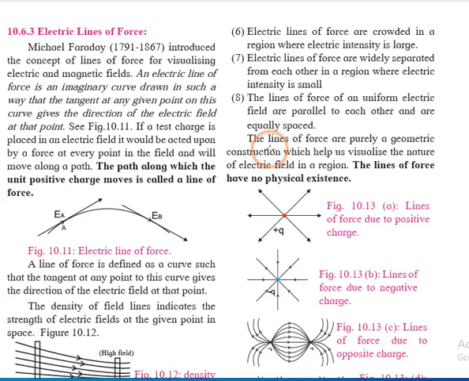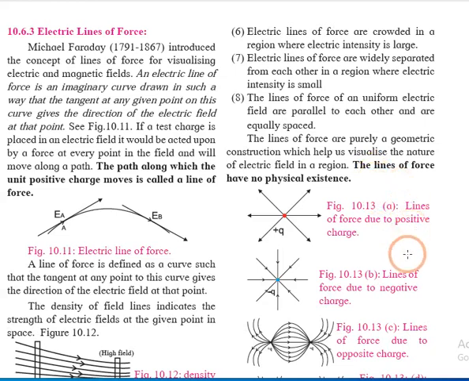Electric lines of force are widely separated from each other where electric intensity is small. The lines of force of a uniform electric field are parallel to each other and equally spaced. The geometrical construction of these lines of force visualizes the nature of the electric field in a region.